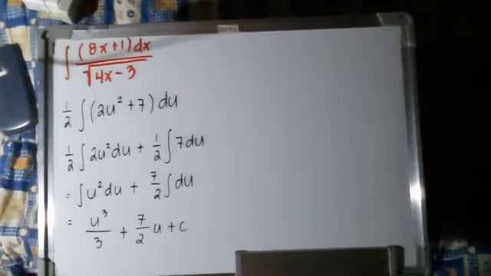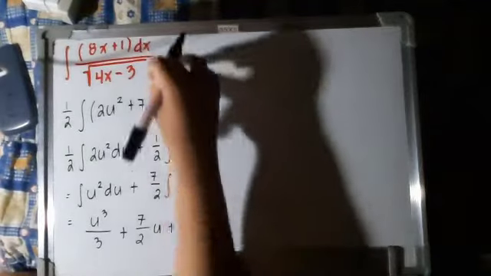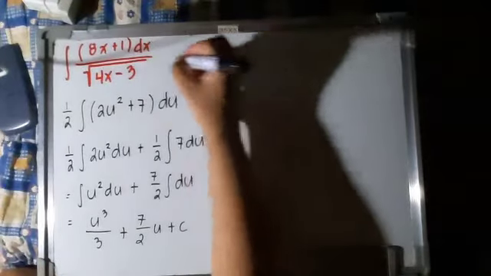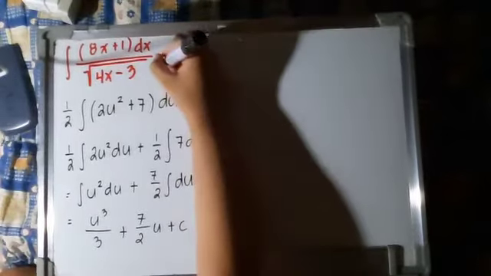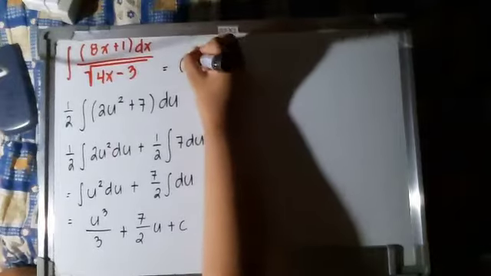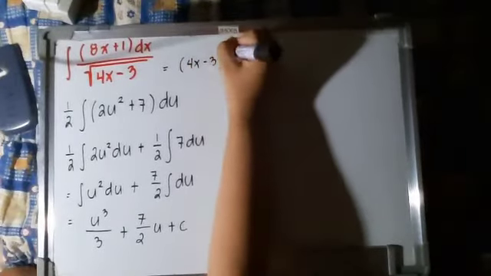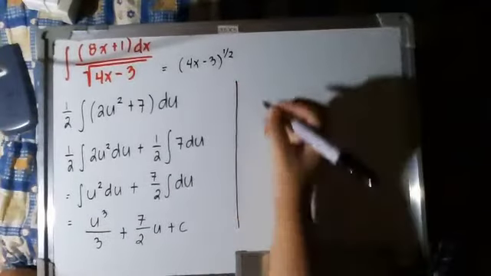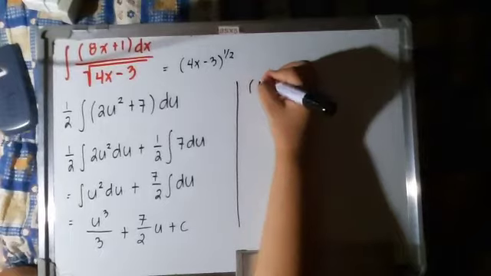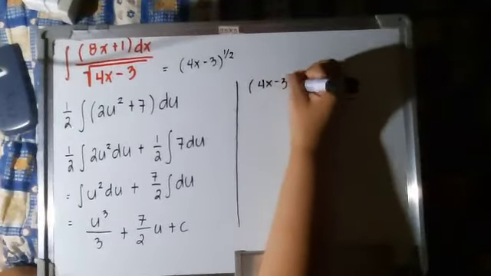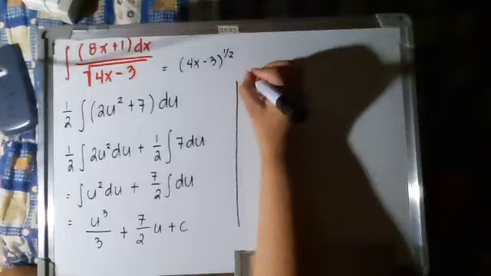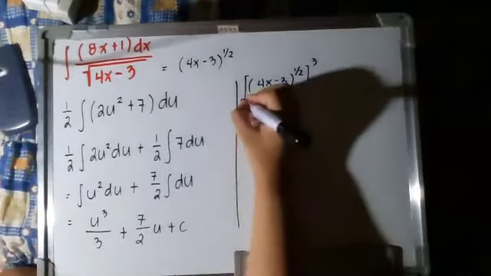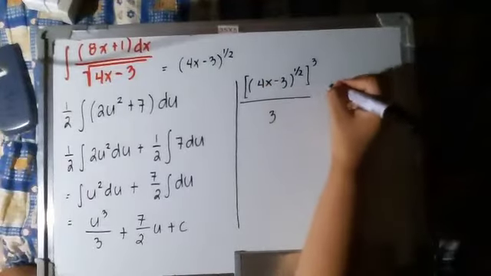For your last step, ibabalik natin lahat ng value ng u, which is square root of 4x minus 3. So, this will be, so ito, pwede naman natin siyang gawin na 4x minus 3 raised to 1/2. Kasi para ma-multiply natin dun sa cube mamaya. So, this will be quantity 4x minus 3 raised to 1/2. Yun yung value ng u natin. Quantity 3. Ito yun. Over 3.